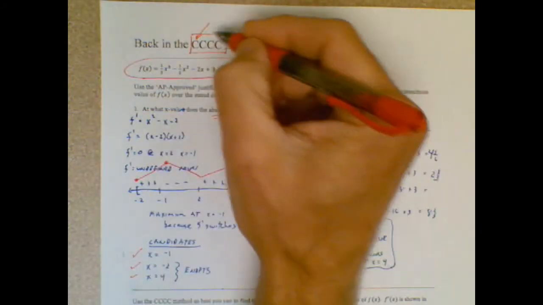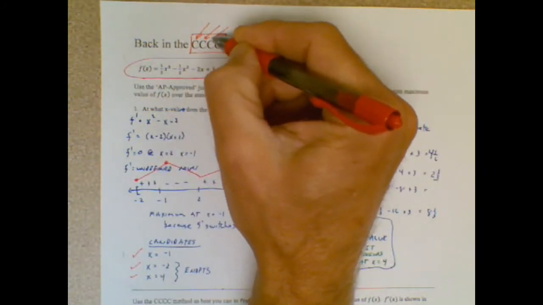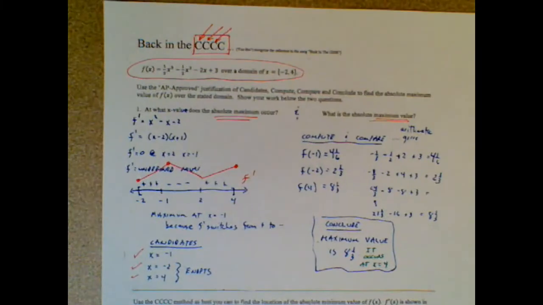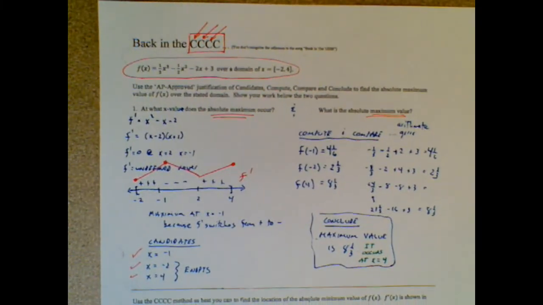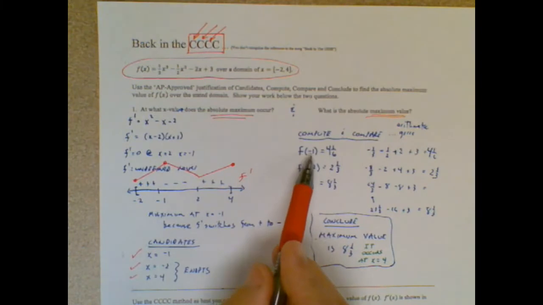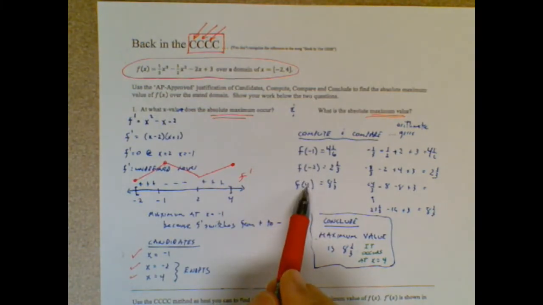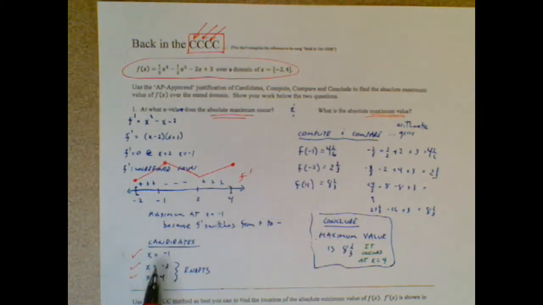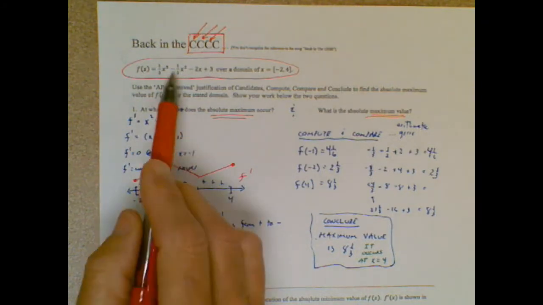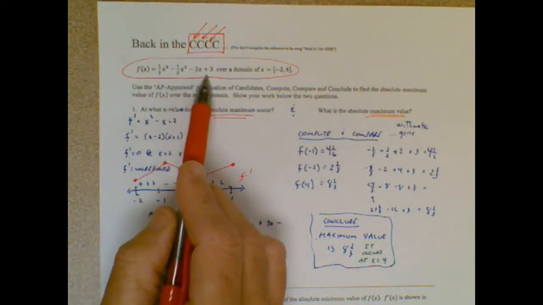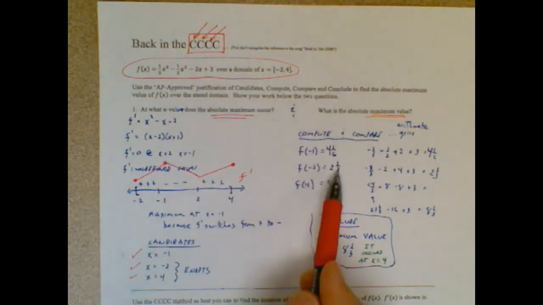The next two C's are compute and compare. By compute, what that means is take each candidate, plug it into the original equation so you can get out a y value. That's what I've done there. A lot of mental arithmetic.